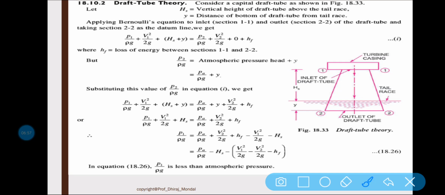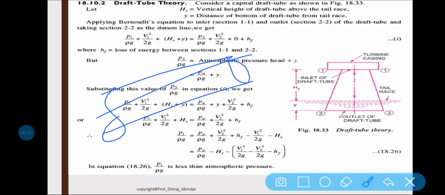Now I have to calculate, or theoretically I have to see, whether the pressure energy is increasing or not. So let us discuss. You know Bernoulli's equation. What is Bernoulli's equation? Basically it is telling that for steady incompressible flow, the total energy available at any section will be the same.